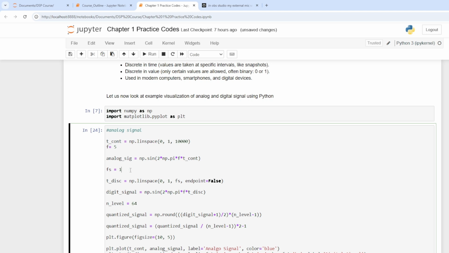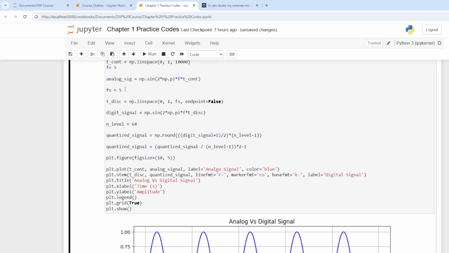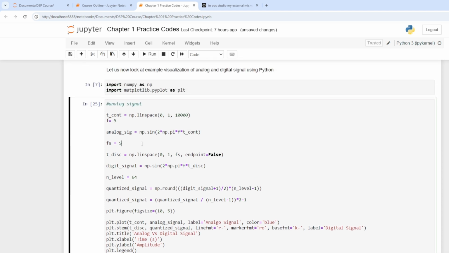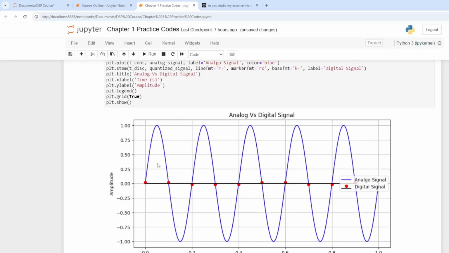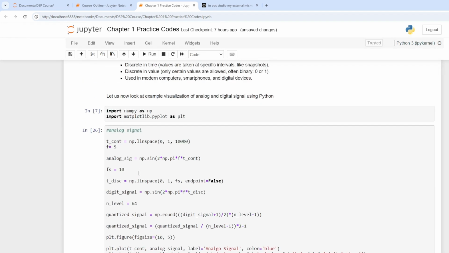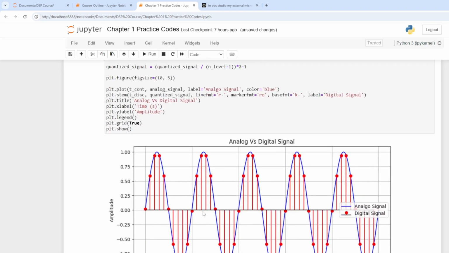You can reduce it to 5, but it should be greater than this because already the frequency is 5, so it should be double according to the Nyquist theorem. You only really see few points, so you need to be more than the actual frequency. When you increase to 50, you have some samples.